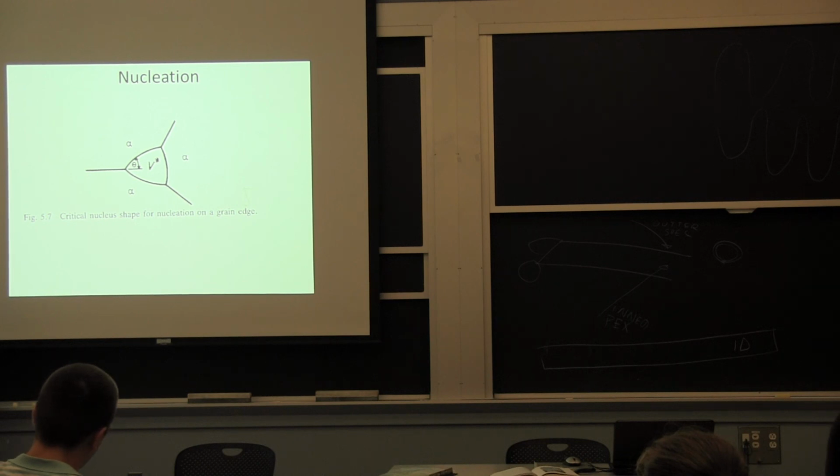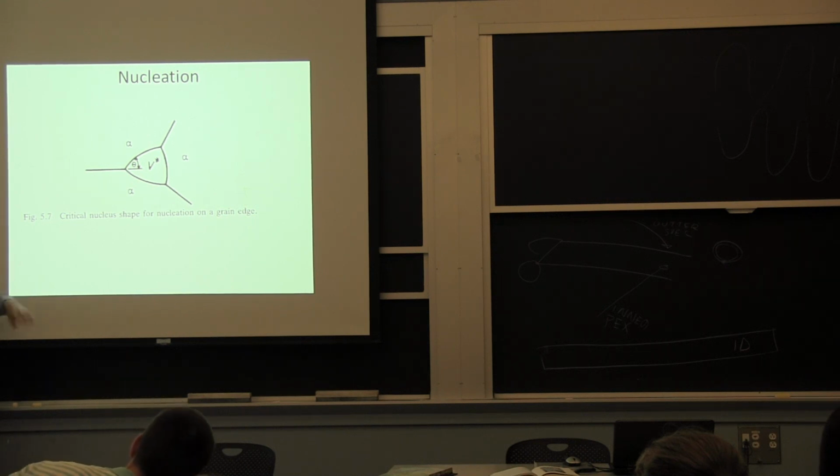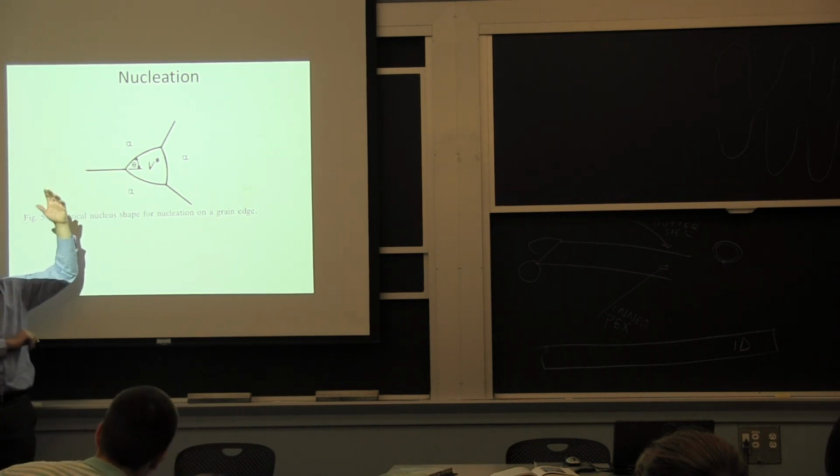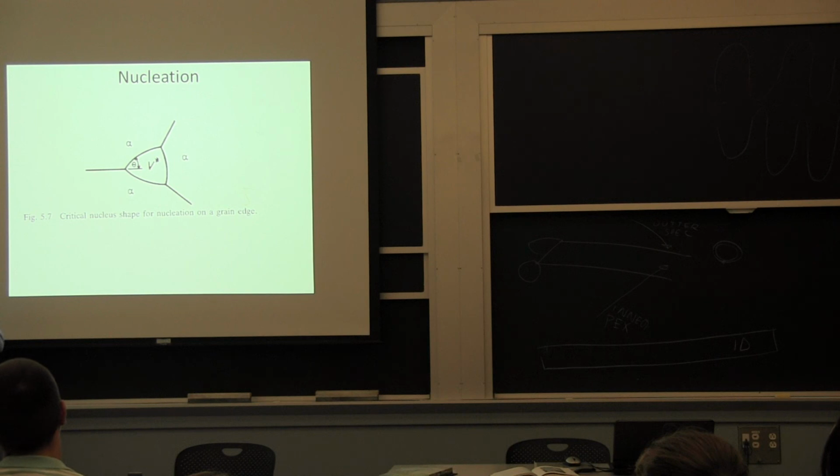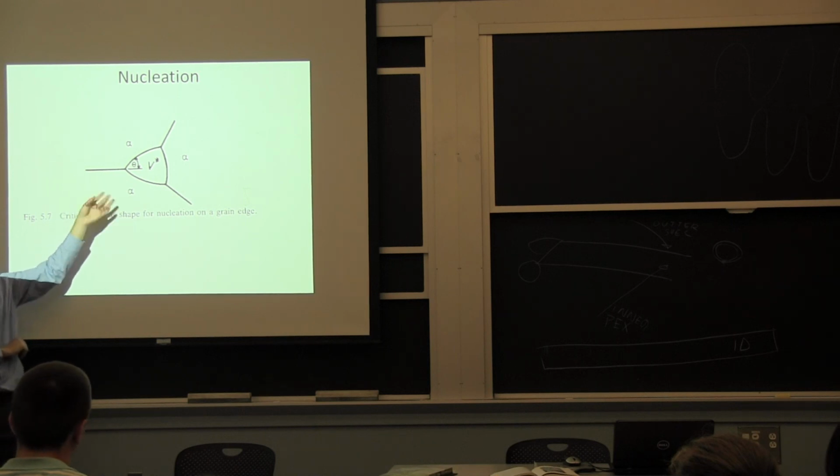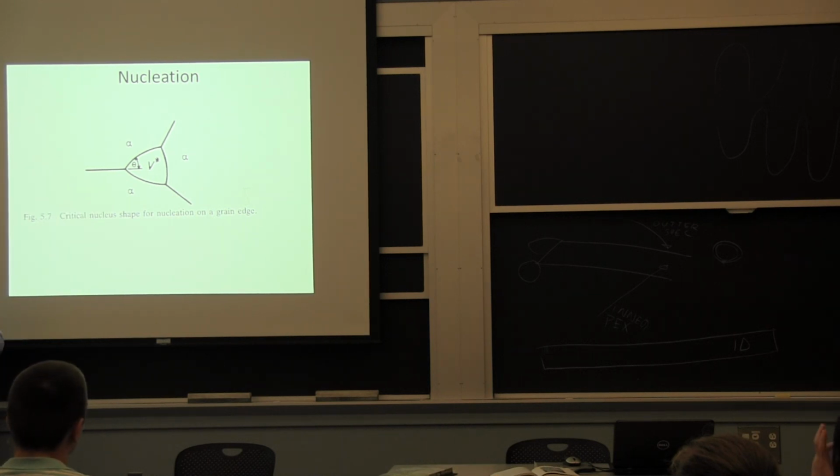So you have to have these interfaces. If you already have large grains and your process of nucleation is at the grain boundaries, then you're only going to have so few recrystallization. It's nicer to have finer grains so you can distribute better these nucleations.